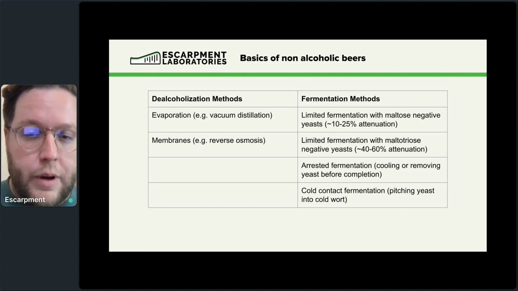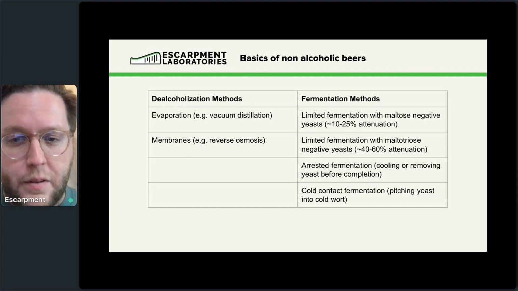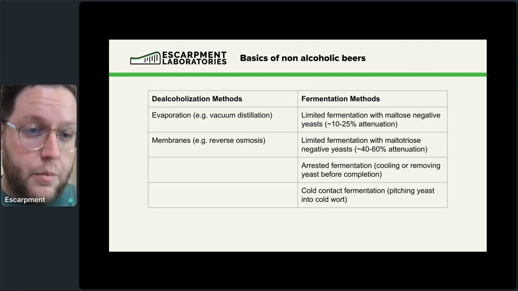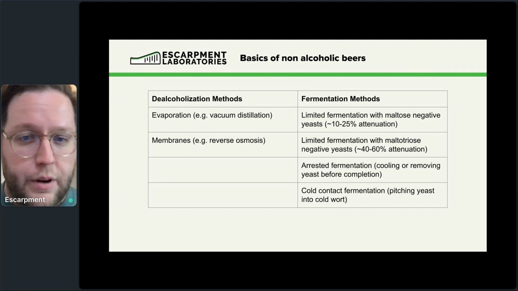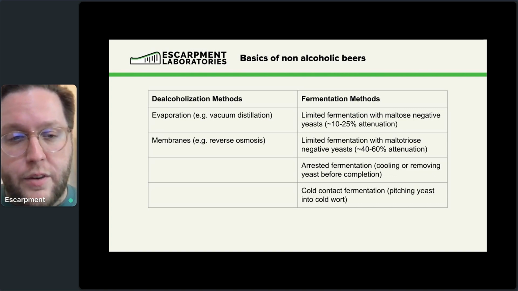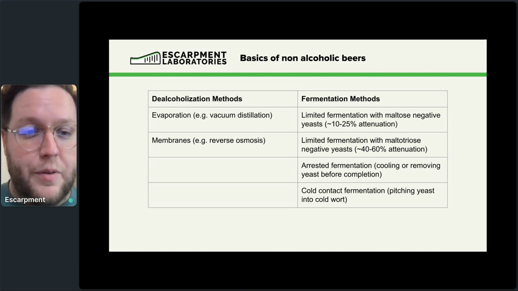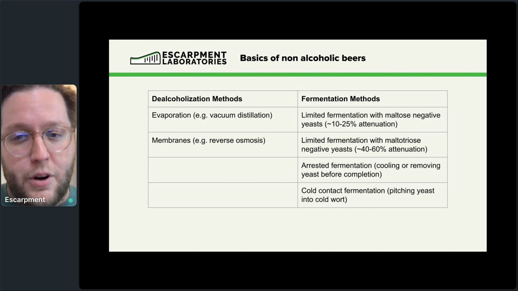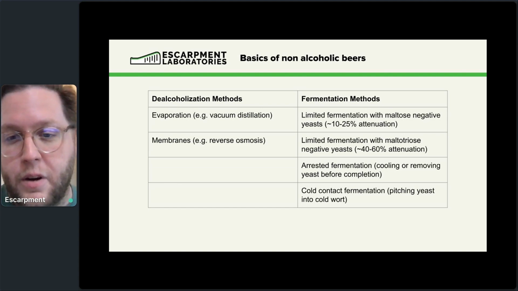There's also a method called arrested fermentation. What that means is that you're taking a regular yeast and probably a low starting gravity wort. You're pitching the yeast, you're letting it ferment to a specific target, and then as fast as humanly possible, you're cooling that wort or removing the yeast before it keeps fermenting, or you can run it through a pasteurizer.